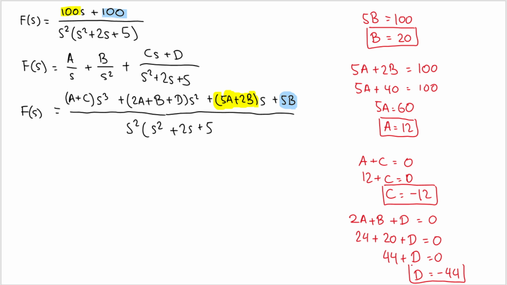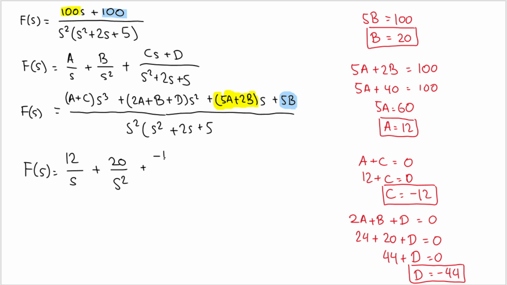Okay, good. Now we can get A, B, C, and D. Okay, now we can write Fs here. Our A here is 12, so we will have 12 over S. And then plus B. B is 20, so we'll have 20 over S squared. And then plus C. C is minus 12.